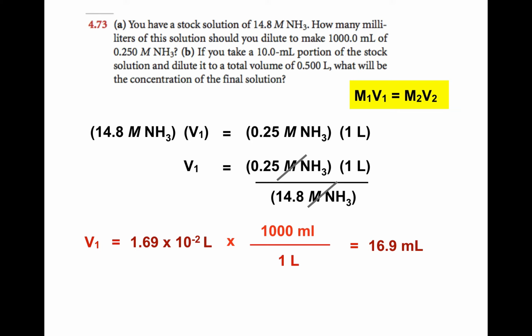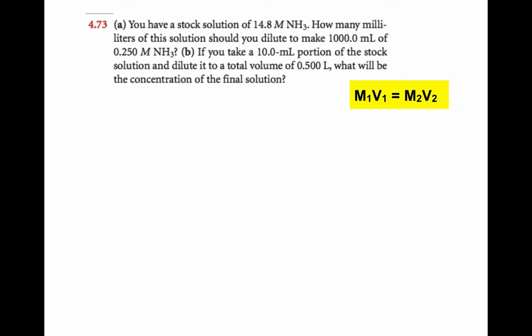We're diluting solutions. All right, so looking at part B. Again, we're going to be using M1 V1 is equal to M2 V2. We've got a 10 milliliter portion of that stock solution, and we're going to dilute it to 0.5 liters. What will the final concentration of the solution be? So the way this problem is phrased, you know what the initial concentration is, right? It's the stock solution, and you know how much you're starting with, 10 milliliters.